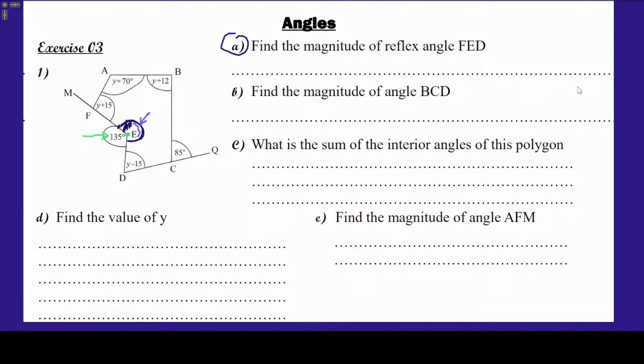From 360 degrees, we subtract 135 degrees. Then what do we get when we subtract 135 from 360? It is 225 degrees.